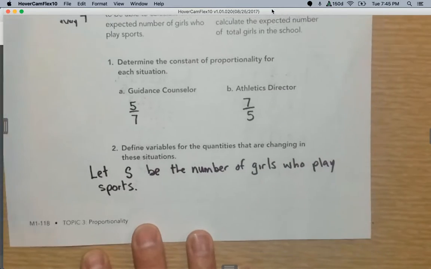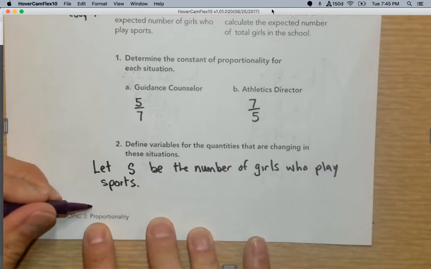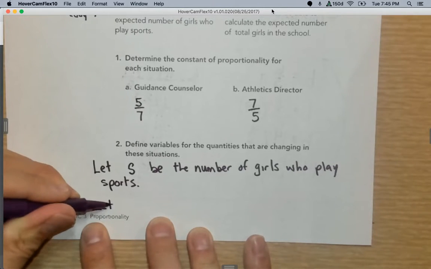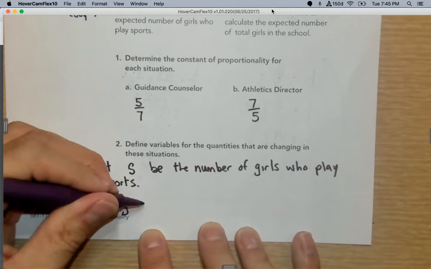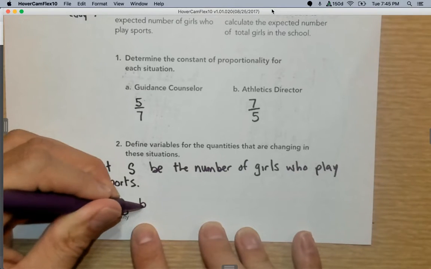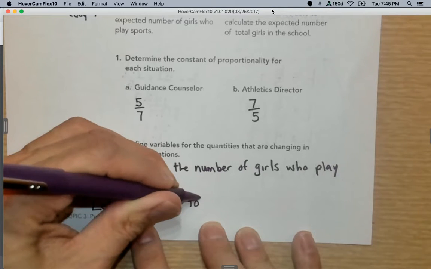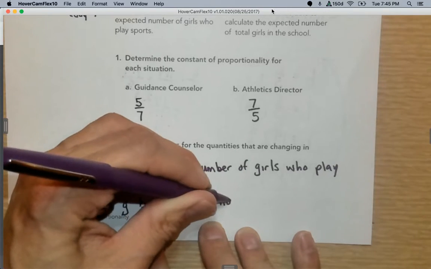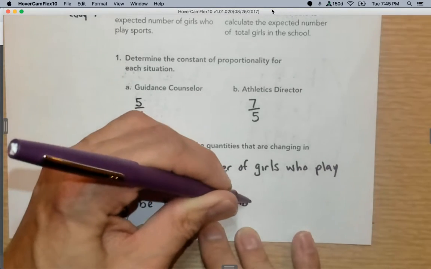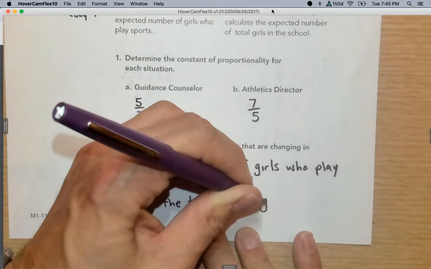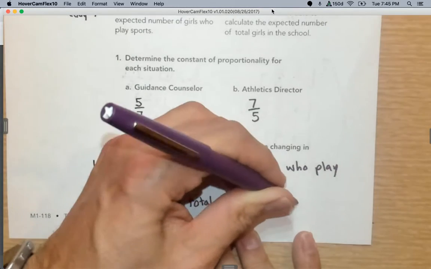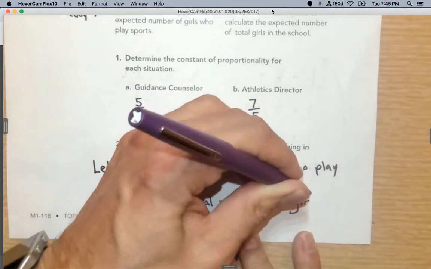And conversely, let G, or some other thing, it doesn't matter what variable you pick, be the total number of girls in the school.